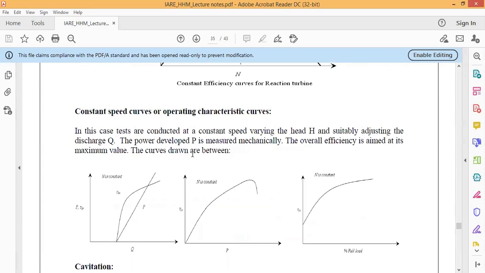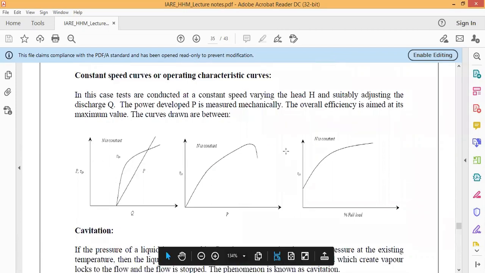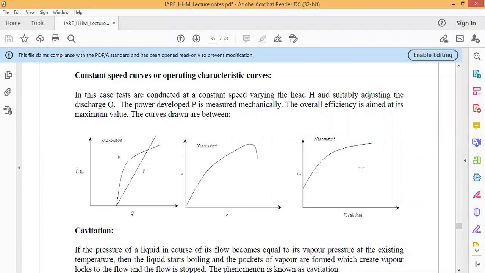Then we have constant speed curves, or operating characteristic curves. In this, we can see various curves plotted. The test is conducted at a constant speed, varying the head and suitably adjusting the discharge. The power developed P is measured. So the overall efficiency is aimed at the maximum value.